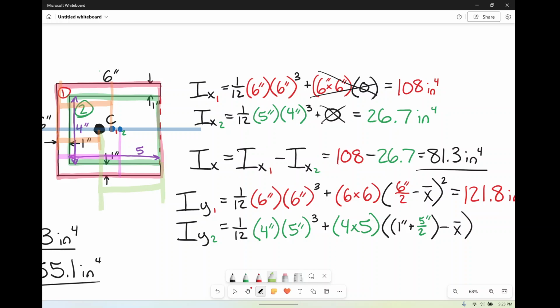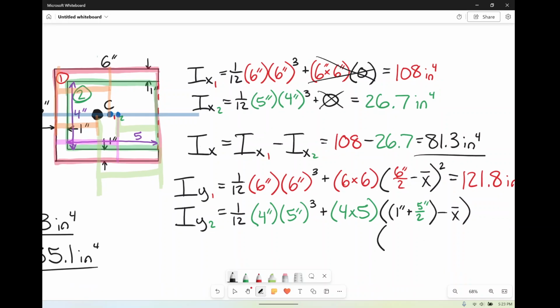And then I'm going to subtract off the remainder distance here. So it could have been going with the green direction. I'll highlight these. So we have the orange direction here.